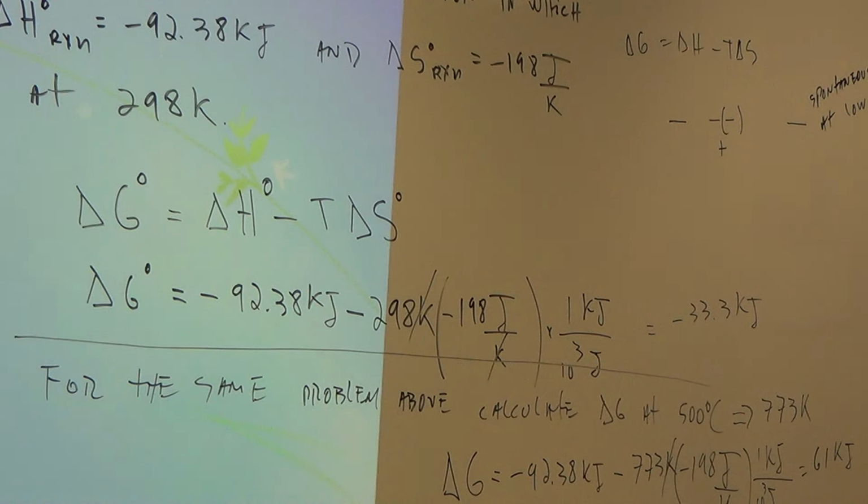I'll ask you, is this reaction spontaneous or non-spontaneous, and when? I'll give you numbers, and I can ask you at high temperatures, is this spontaneous or non-spontaneous? Or I can tell you, if I have this and this, which one of the following is true? That'll be a little bit more complicated.